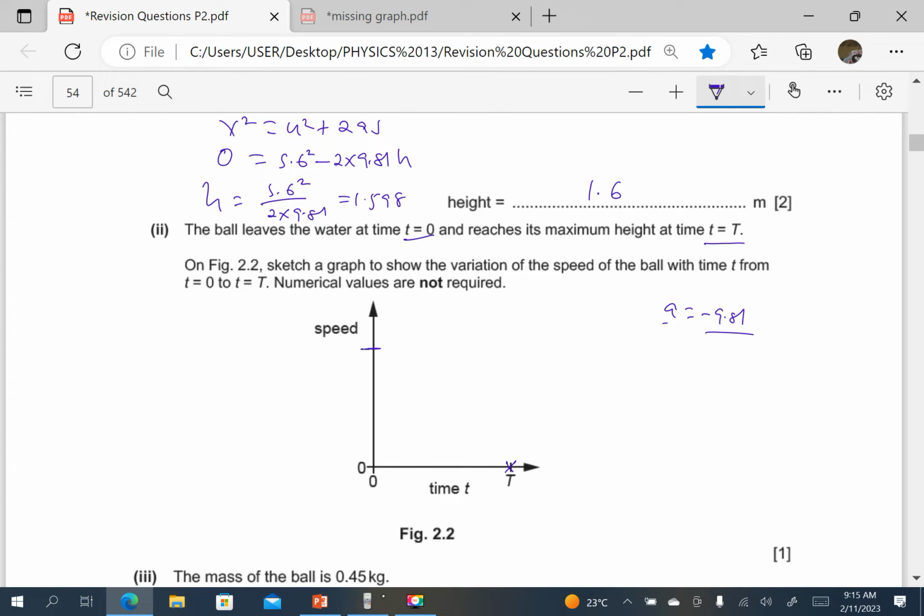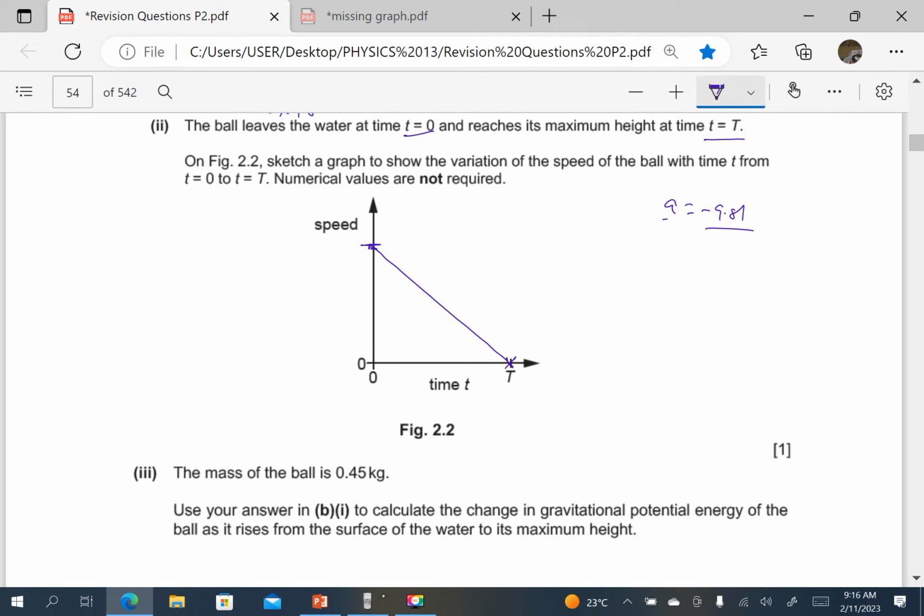So we shall have a straight line from a non-zero value of speed on the speed axis, ending at a point on the x-axis where t is capital T and the speed is 0, because at the maximum height the speed is 0.